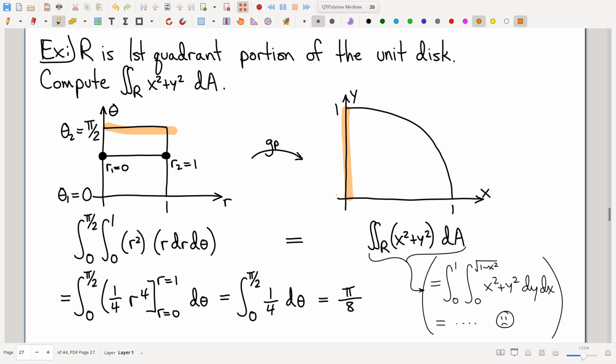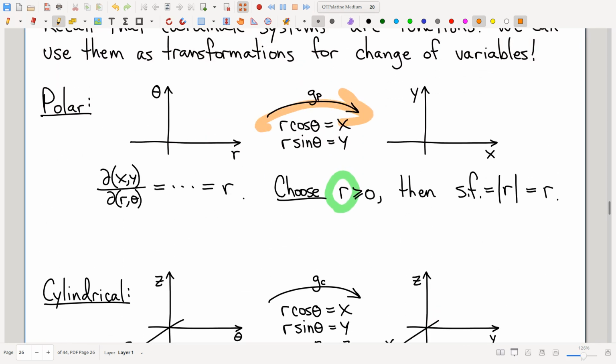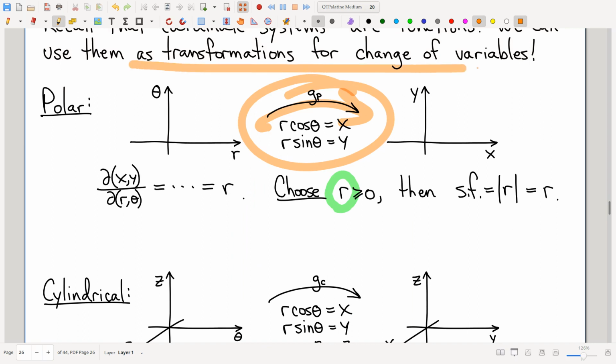Yeah. Okay. So, nice little takeaway here is that for, in fact, fairly common shapes, using the polar coordinates conversion formulas as a change of variables function is pretty cool, right?